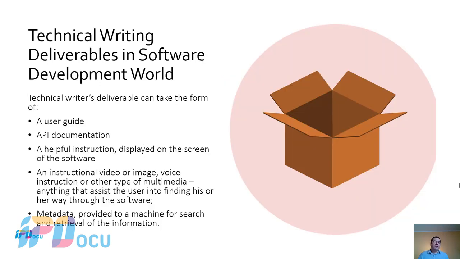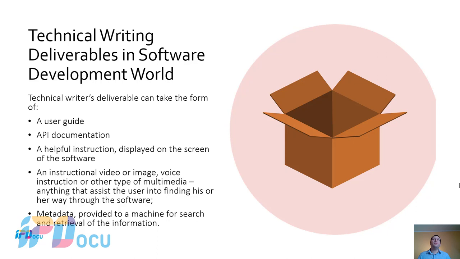Let's take a look at what are the actual deliverables that you contribute in the software development world. I already told you about the user guide, and I have to be fair with you here. I did a little bit of cheating in this presentation, because actually the user guide is not the most important thing in the world.